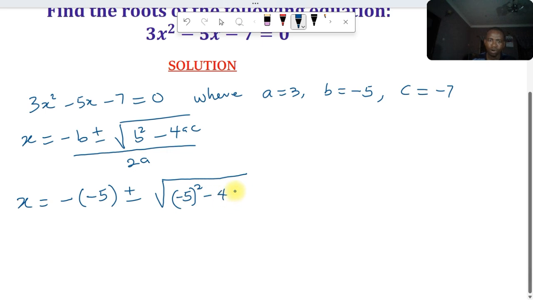So minus 4 brackets, what's our a? It is 3, then we have a bracket negative 7, which is c. Everything over 2a, and our a in this case is 3.